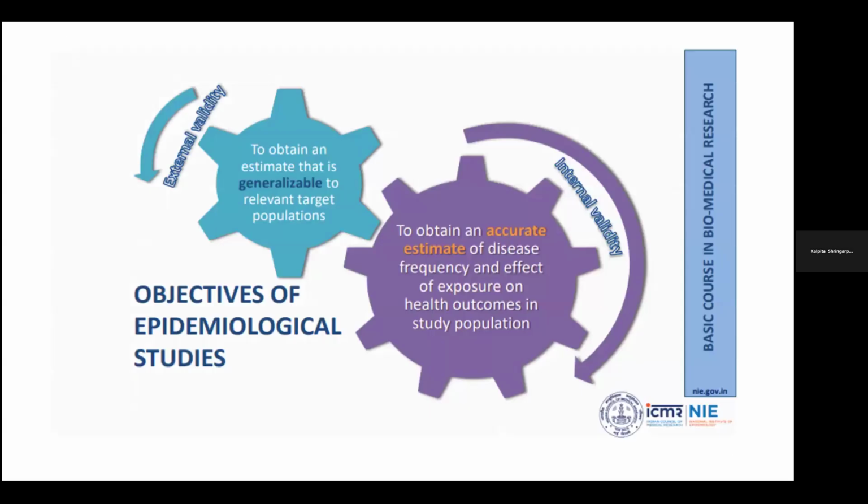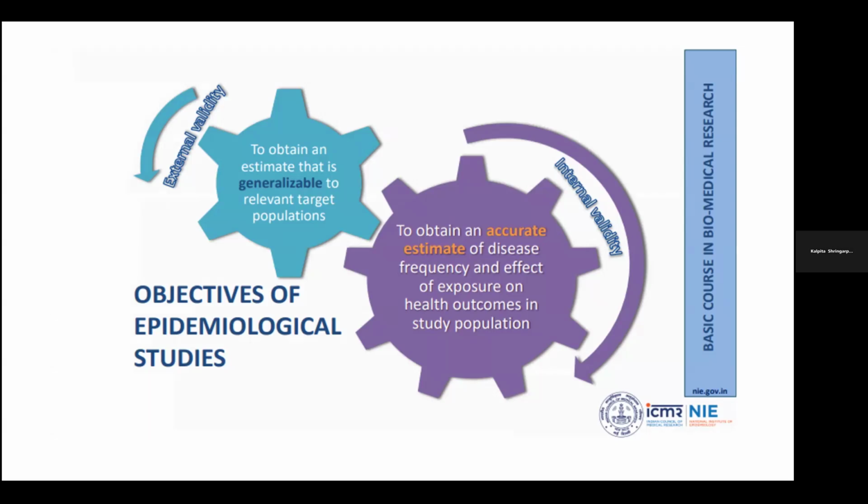The basic objective of epidemiological studies, as in the previous slide, is that I need an accurate estimate of whatever disease frequency or findings I get from the sample, and they should be true to that sample. If there is any effect of some exposure on the outcome, especially health outcomes in the study population, it should be true to that particular sample, and this is meant by internal validity.